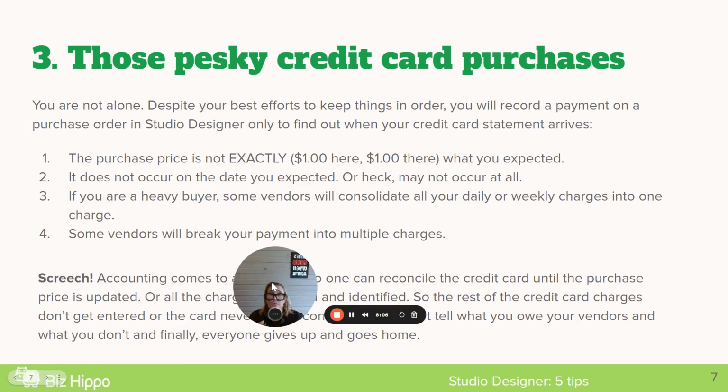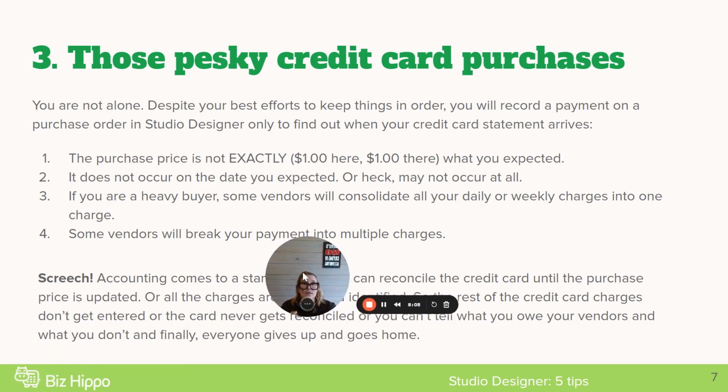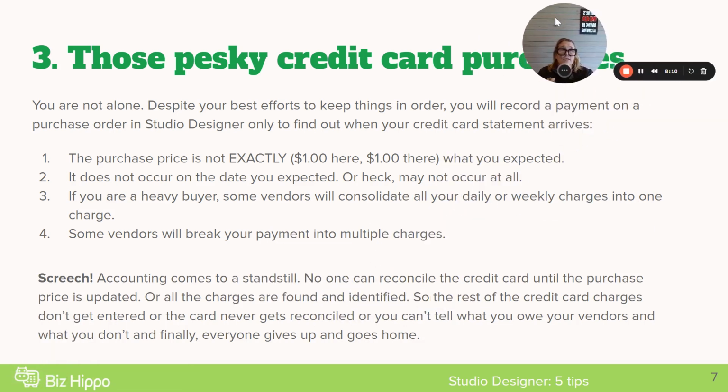So what happens when these things occur? Well, in my experience, everything comes to a screeching halt. The credit card can't be reconciled because the purchase amounts don't exactly match what's on the credit card statement. Or you've got charges on the card that you can't find an item payment for.